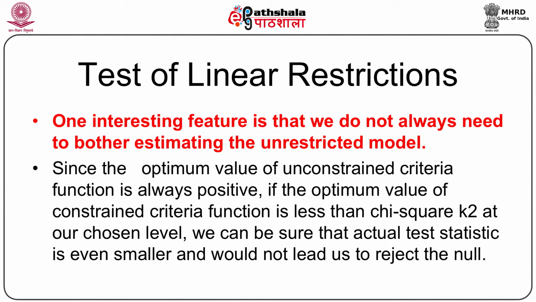Since the optimum value of the unconstrained criteria function is always positive, if the optimum value of the constrained criteria function is less than the tabulated chi-square with k2 degrees of freedom at our chosen level of significance, we can be sure that the actual test statistic is even smaller and would not lead us to reject the null hypothesis.